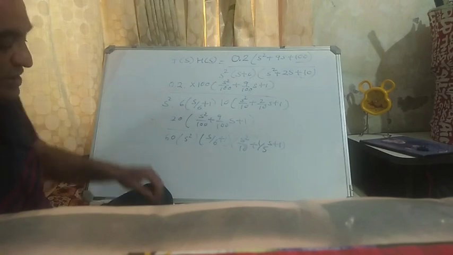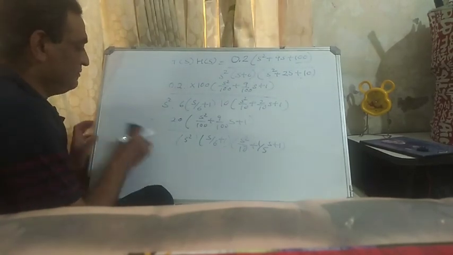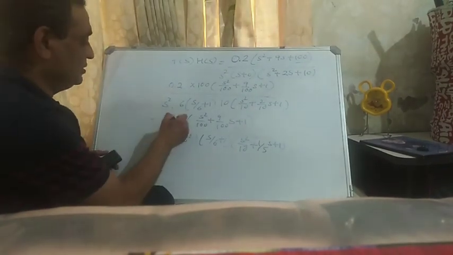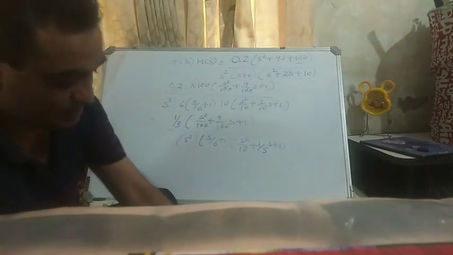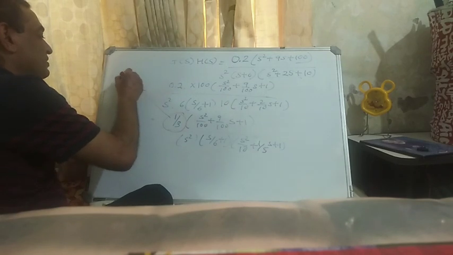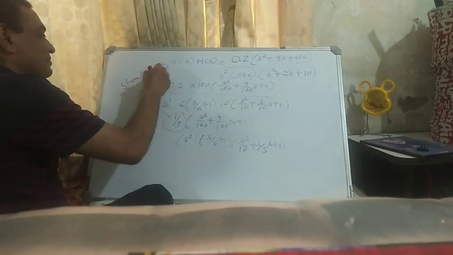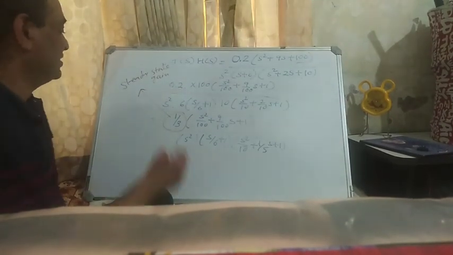So 20 by 60 is 1 by 3. This 1 by 3 is the steady state gain.